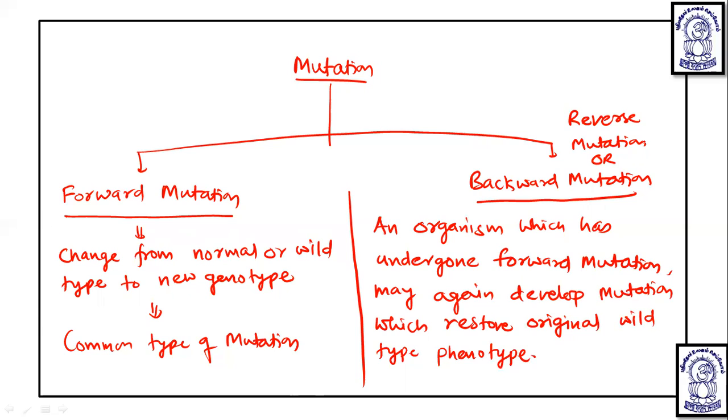Some more types of mutation are there, which you should remember. One is silent mutation. Silent mutations are mutations in which a base pair change in an allele's codon produces no change in the amino acid sequence of a protein.